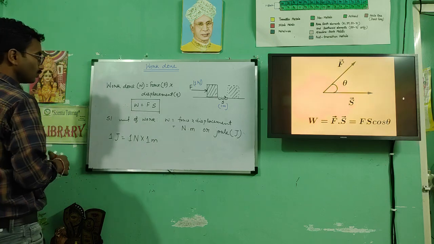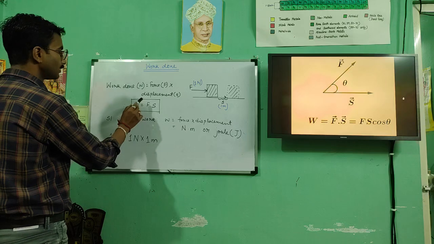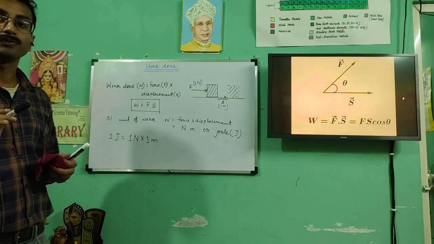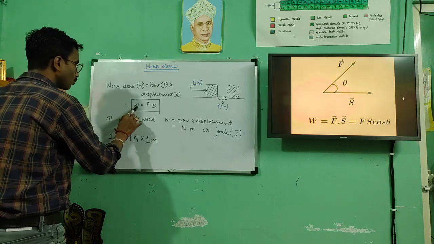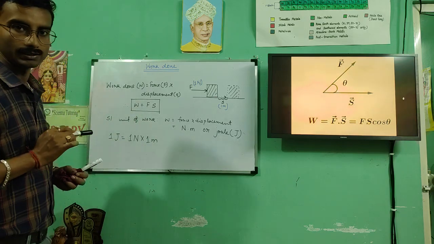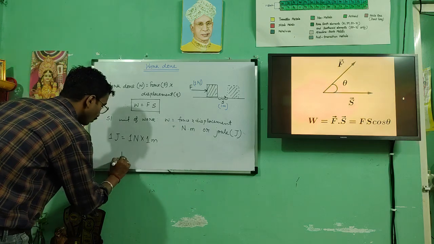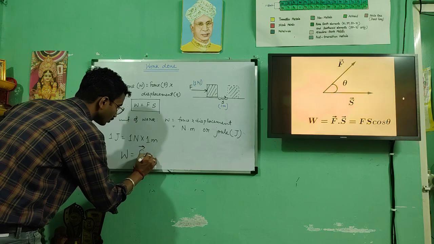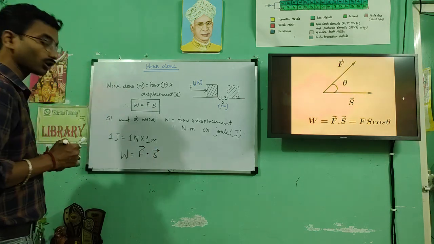Now, as force and displacement both are vector quantities, and work done is a scalar quantity. So how? See, work done W equals to force vector F dot S, means we have to take the dot product.